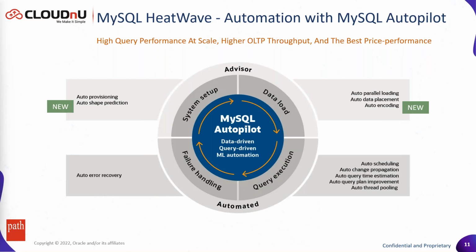If your shape is very large and you're not using it to the best of its capacity, it will tell you, hey, you can get a lower shape. That will help you save money. That is MySQL Autopilot in a nutshell.